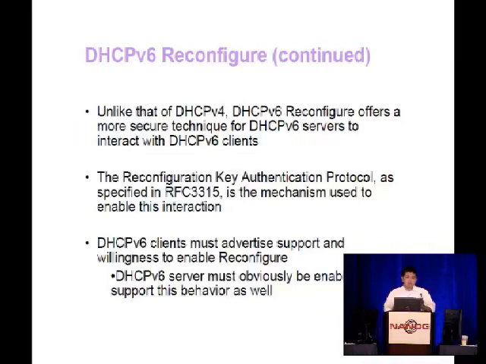The reconfigure behavior is the ability of a DHCP server to remotely affect a client, by sending it a reconfigure message, provided that the reconfiguration key authentication protocol has been implemented and everything's passed. You essentially can affect the client and tell it to renew or rebind.